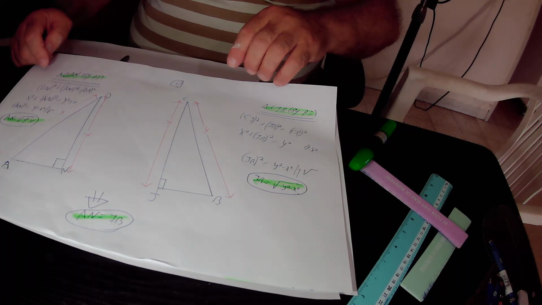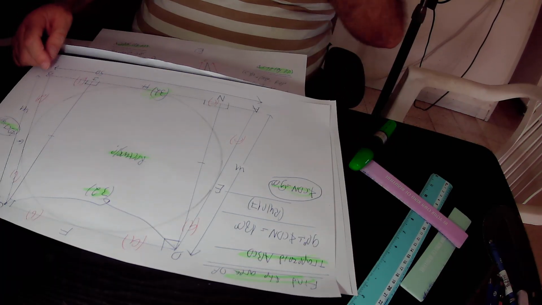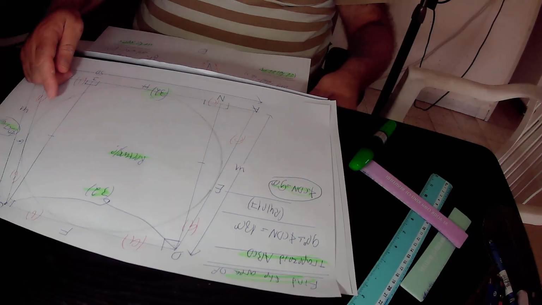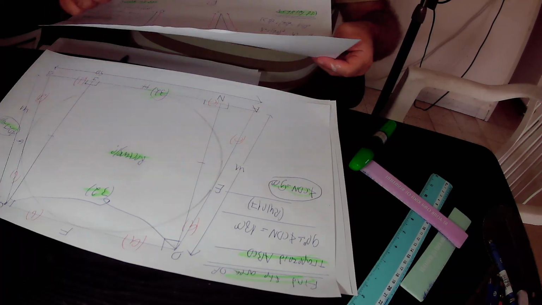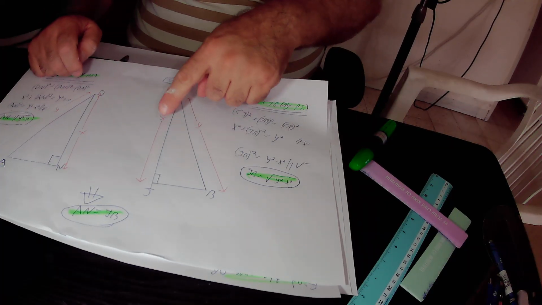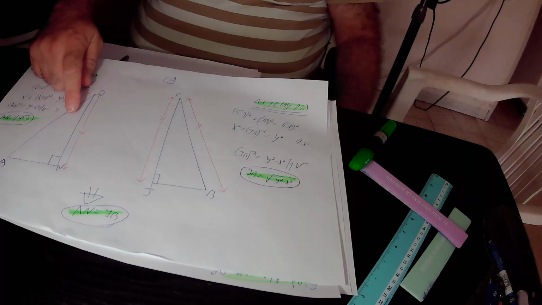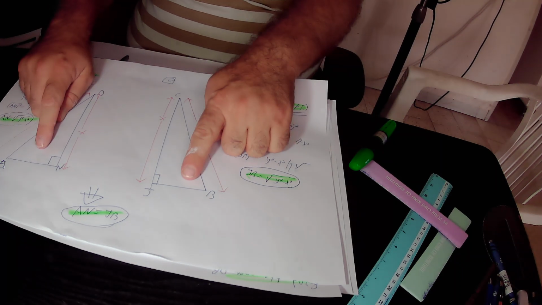Likewise, according to the rule that the opposite sides of a rectangle are equal to each other, side CJ equals side DN. So we define the length of side CJ as x, and therefore DN must also be equal to x because they are equal to each other.